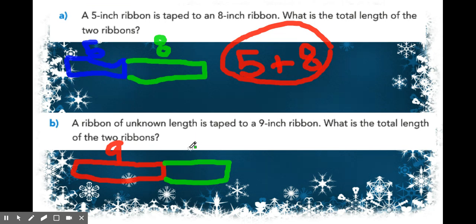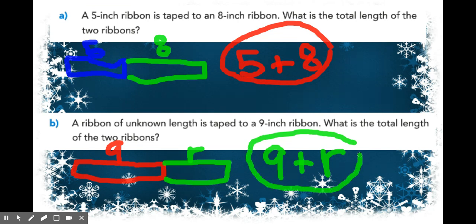I'm going to choose R just because we're dealing with ribbons. So how would I solve the total length of this? I would have to add 9 plus the length of the other ribbon, which is unknown, so I keep it as a variable. This is the expression for example B. To solve it, I would have to do 9 plus R.